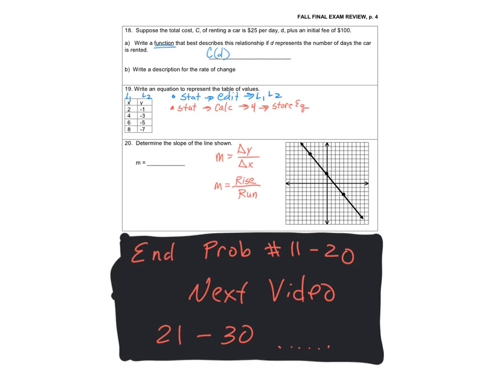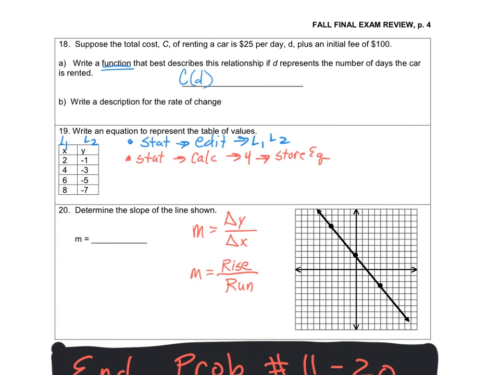Taking a look at number 18, let's read this question. It says, suppose the cost of renting a car is $25 per day. So we know that C is the cost, and we've got $25 per day, which lets me think that my slope is going to be 25. Plus an initial fee of 100.